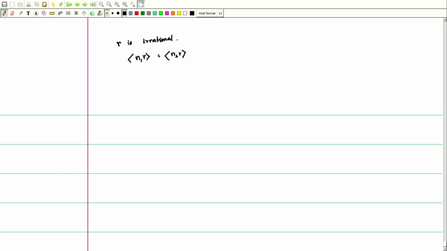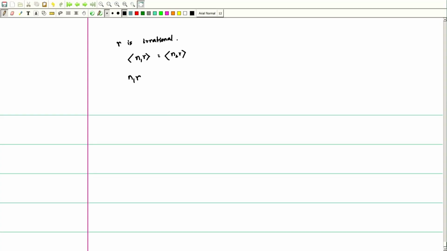If the fractional parts are equal, then n1 gamma is congruent to n2 gamma, because n1 gamma is the integer part plus the fractional part of n1 gamma, and n2 gamma is the integer part of n2 gamma plus the fractional part.